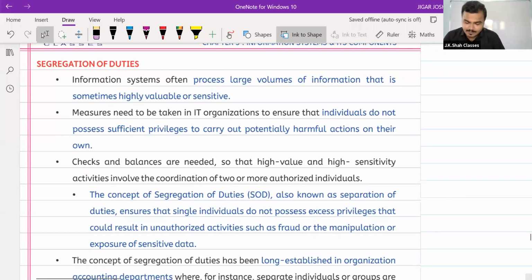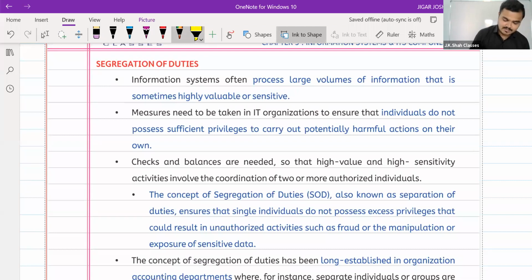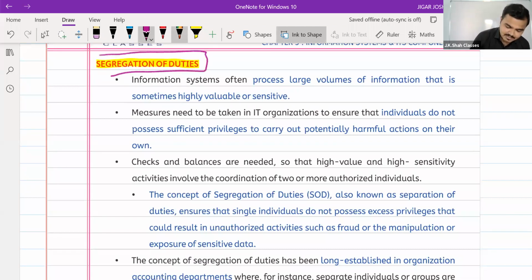Are you there, people? There is a short note. Please mark this short note as a very important one, because regularly and continuously they are asking a few questions on it.